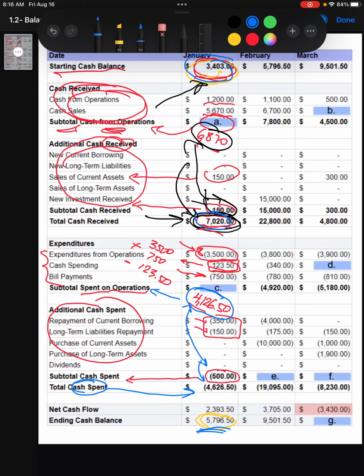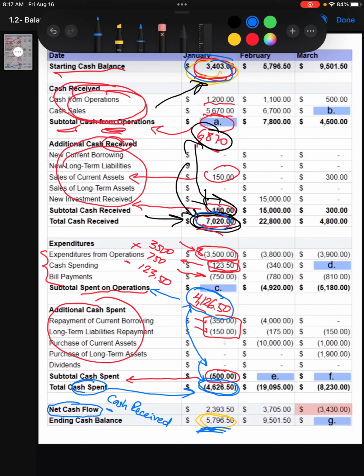And then you subtract this amount, 4,626 and 50. And that's where you get the 5,796 and 50. This net cash flow comes from the cash received minus your cash spent.